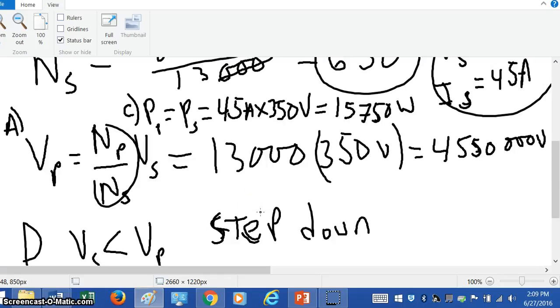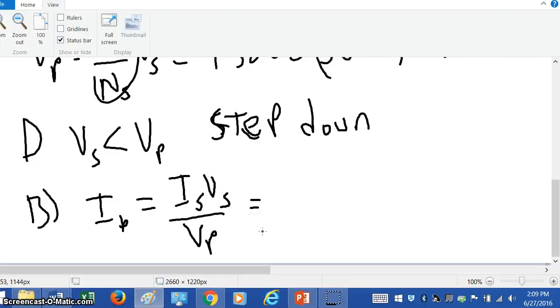Let me calculate it real quick. I get a current of only 0.0035, roughly 3.5 milliamps.